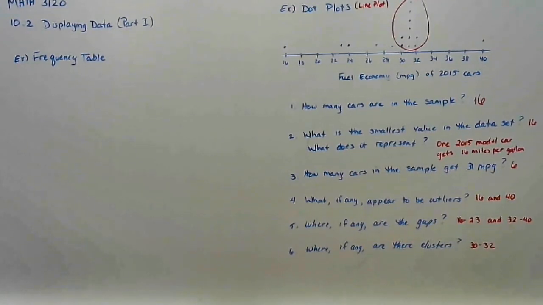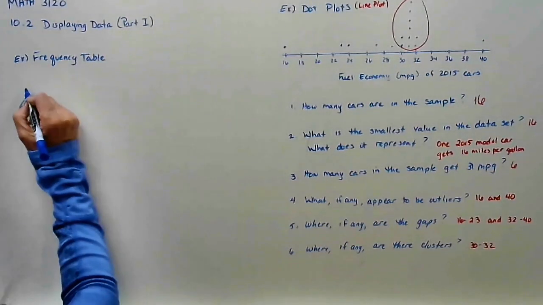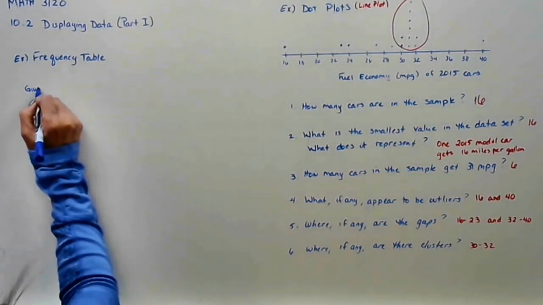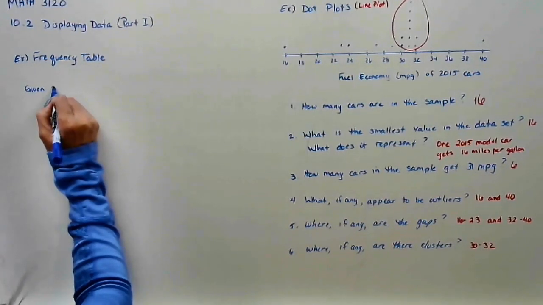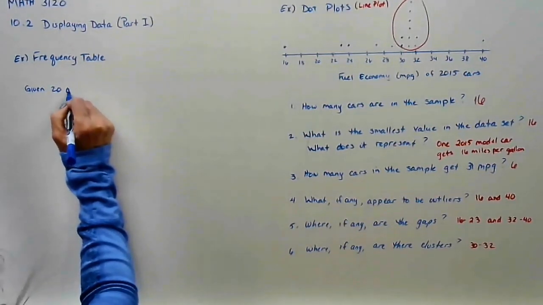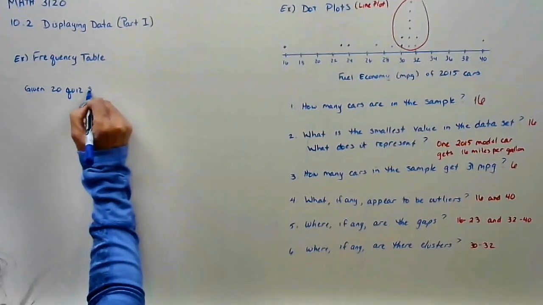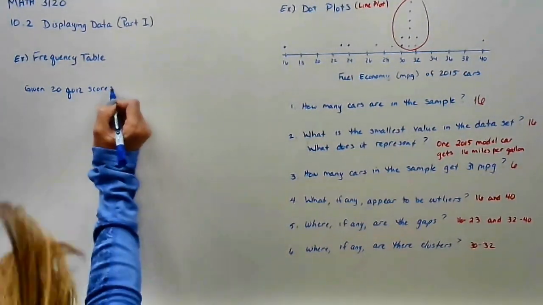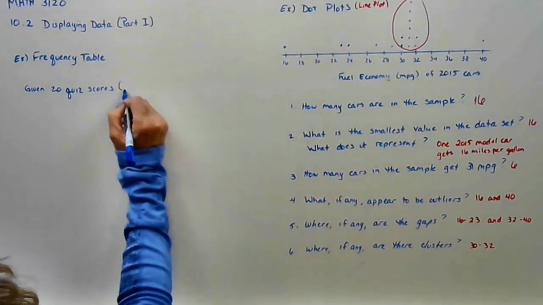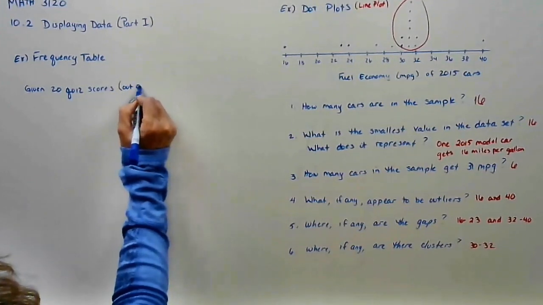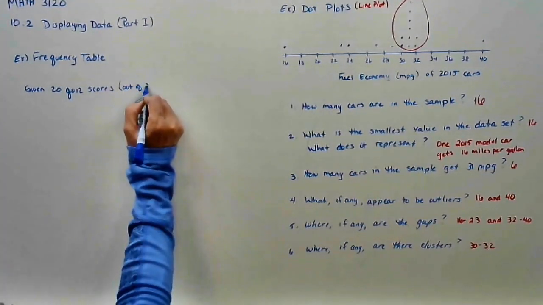So what I'm going to do is give you quiz scores for a class of 20, and we want to create a frequency table. Given 20 quiz scores, the total is out of 30 points.